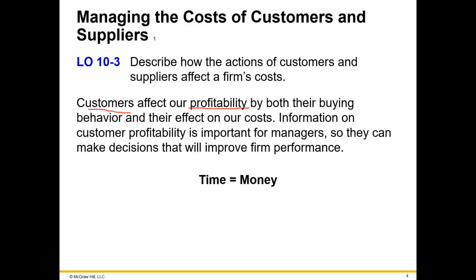So, of course, the number one reason for the existence of any company is profitability. And so this information can be essential so that we can improve firm performance and maximize profitability.